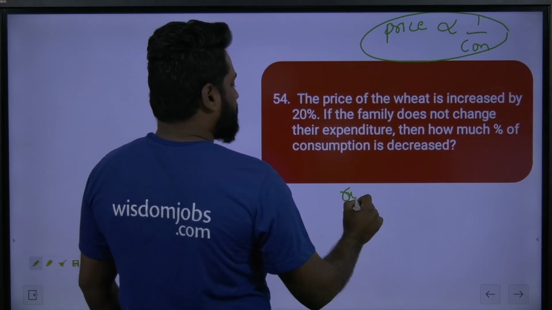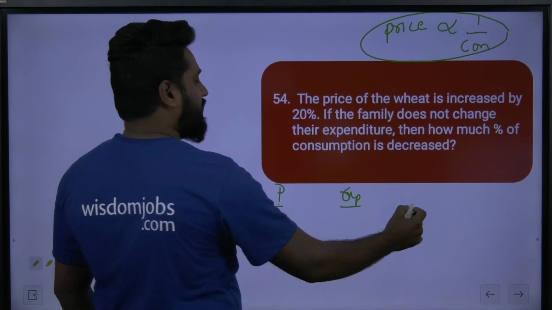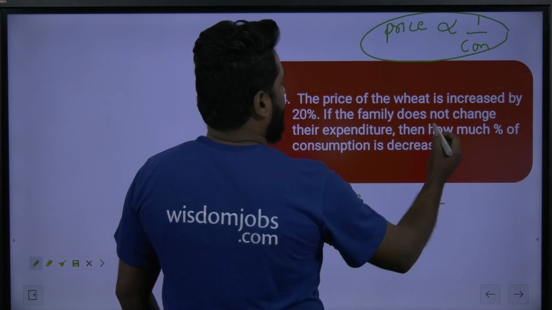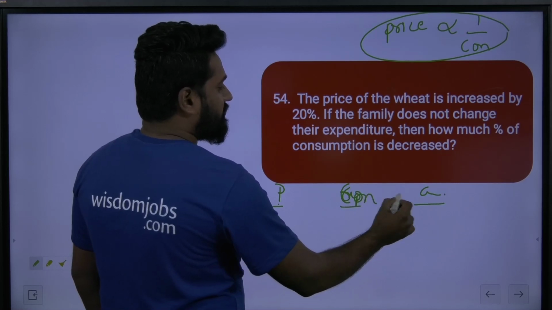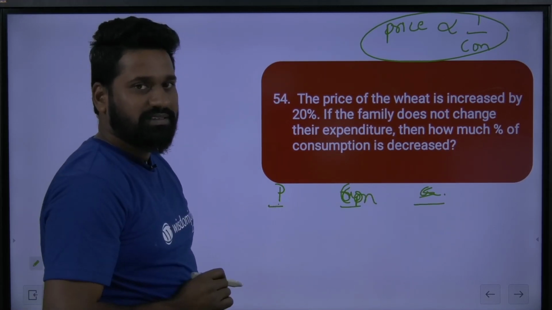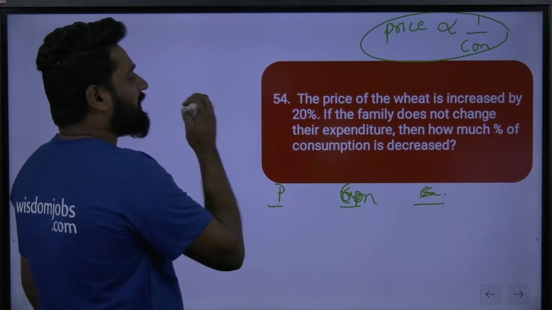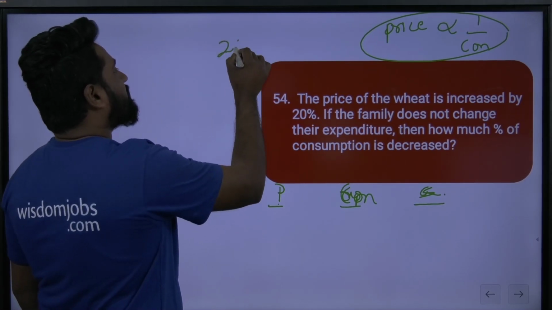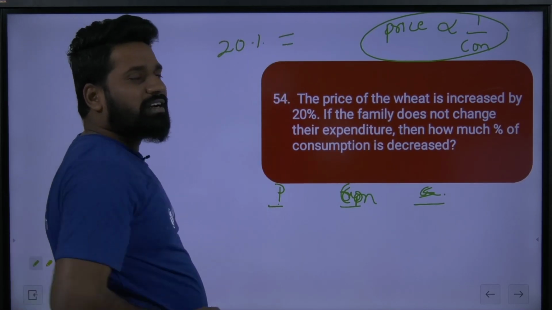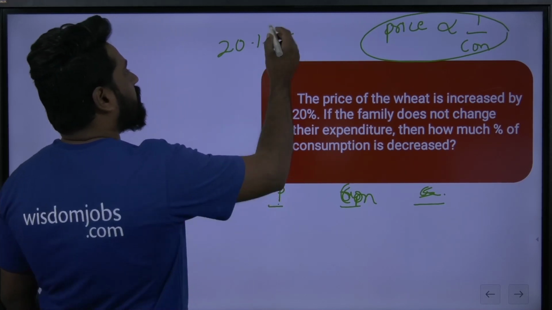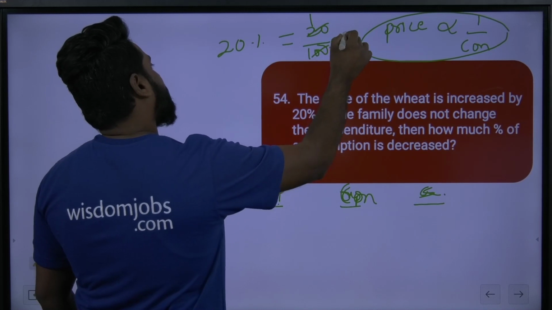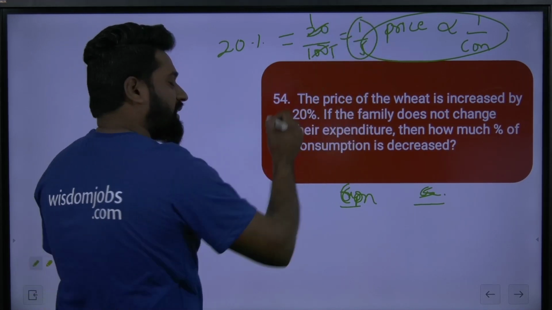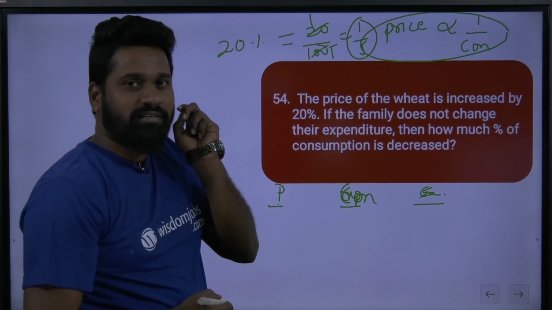So you can consider total expenditure, and here you can write consumption. Observe here, 20% is given. I am converting this into a fraction. If you convert 20% into a fraction, it becomes how much? 20 by 100. That means 2 1s are 2, 2 5s are 10. So 1 by 5 you are getting. Is it clear? 1 by 5.